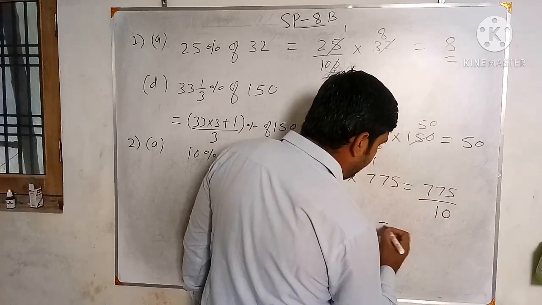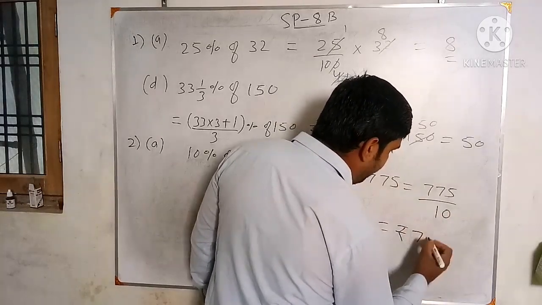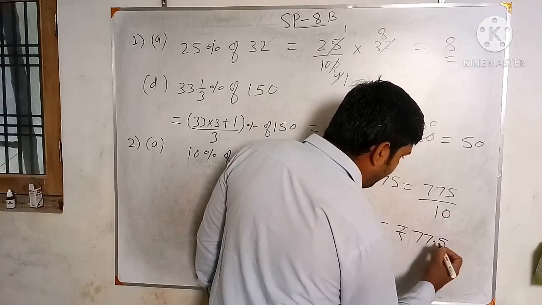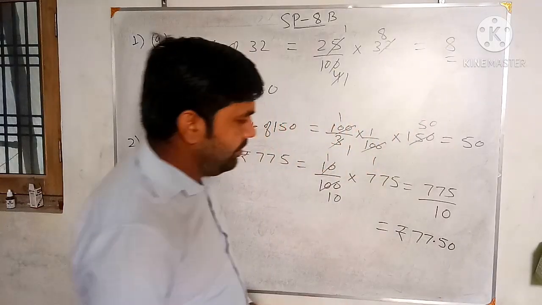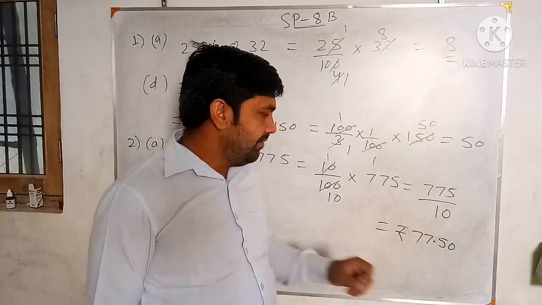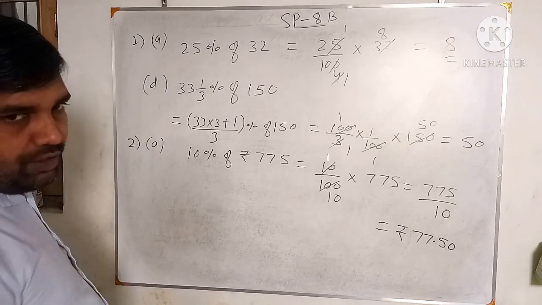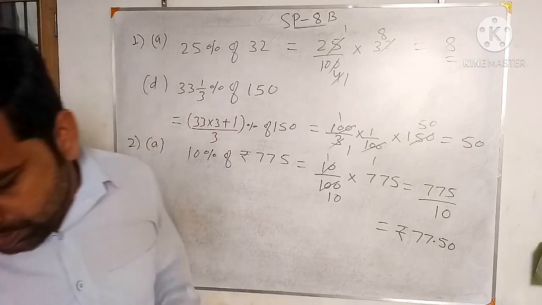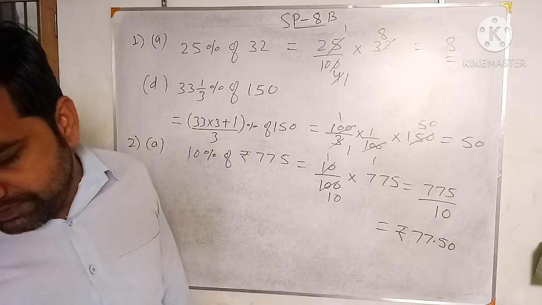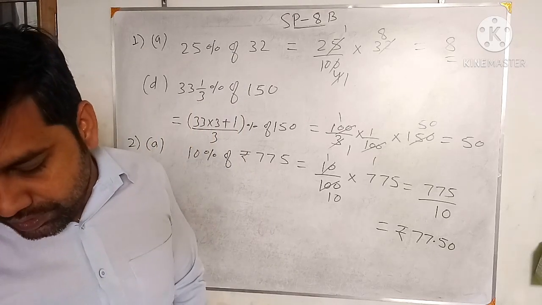The answer is rupees 77.50, that is 77 rupees 50 paise. Similarly, we can find the 120% and the other questions.